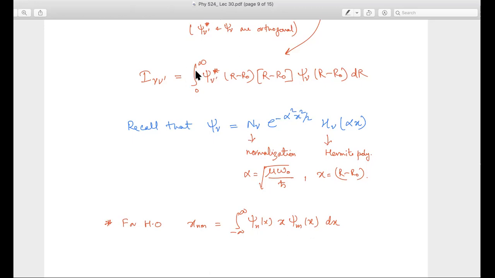Recall that this integral is from 0 to infinity, but it is centered around r naught, right? And if I look at states around r naught, they are going to decay wherever the states hit the edge of this harmonic potential well.